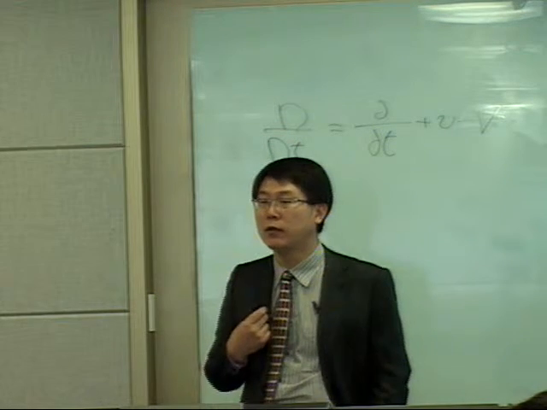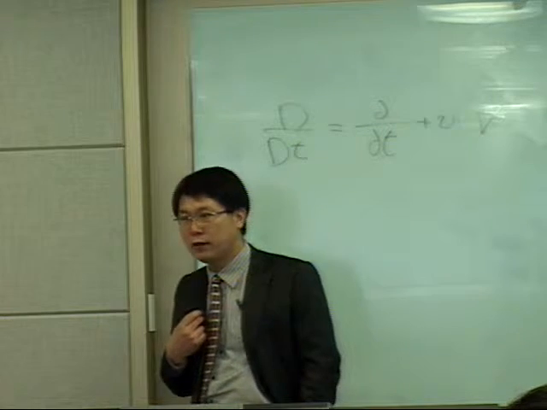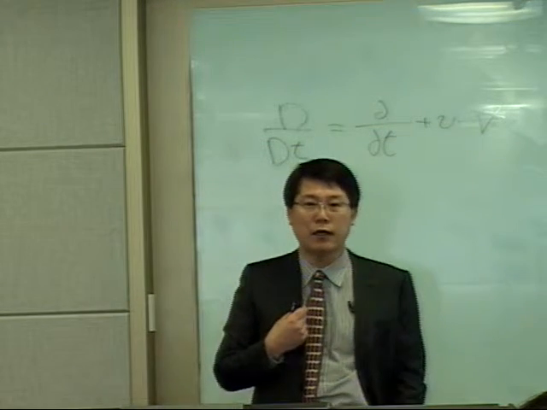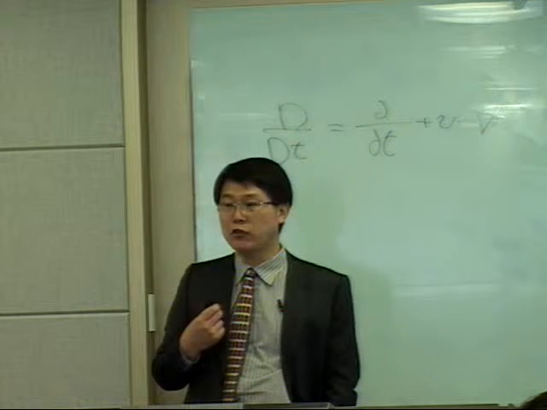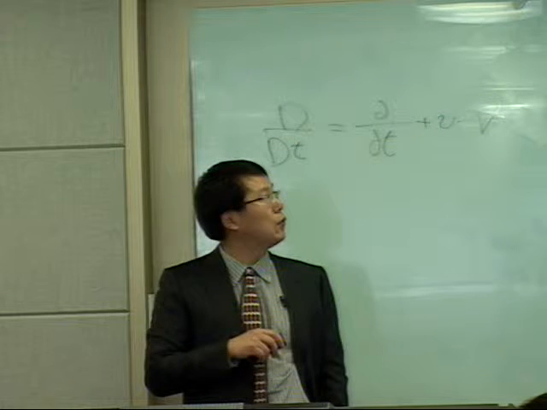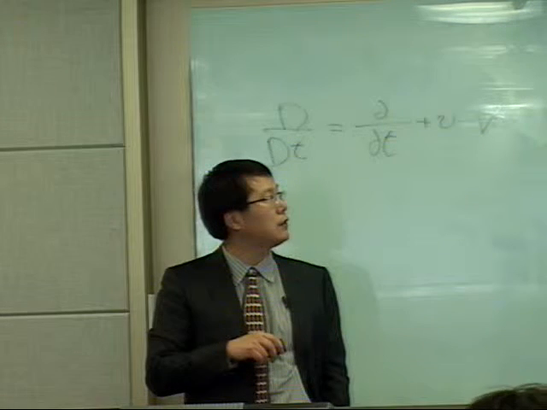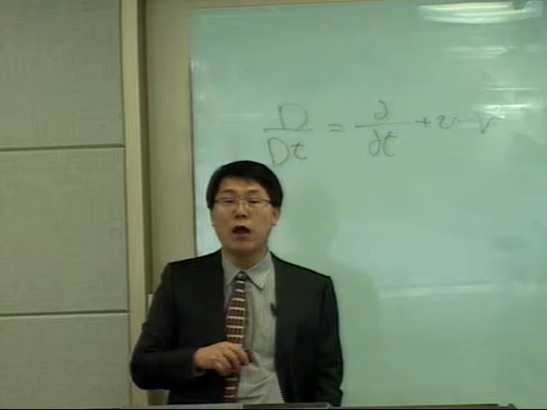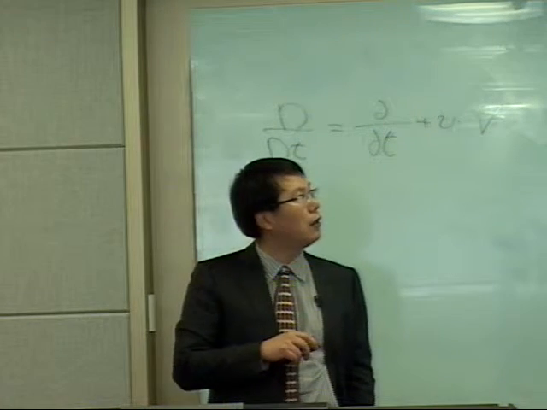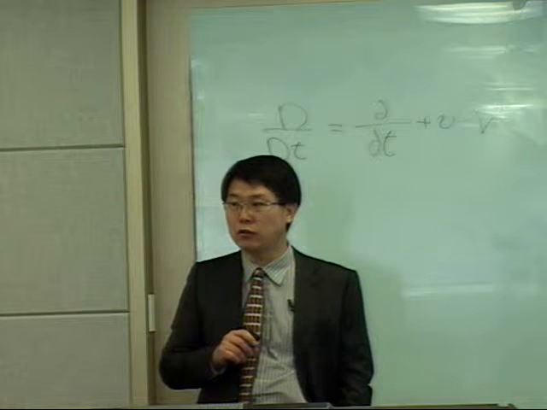And we know intuitively that the flux of energy is in the opposite direction of the temperature gradient. So Qx, the heat flux in the x direction, is equal to minus K times the gradient of temperature.